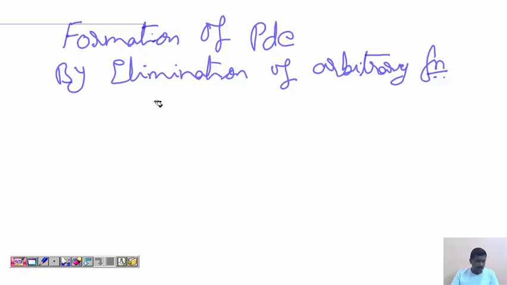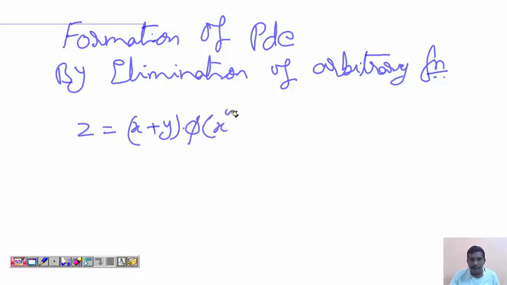For this, let us take a simple example here. The first problem of this: z is equal to x plus y into phi of x square minus y square. This is the given equation which contains an arbitrary function phi.